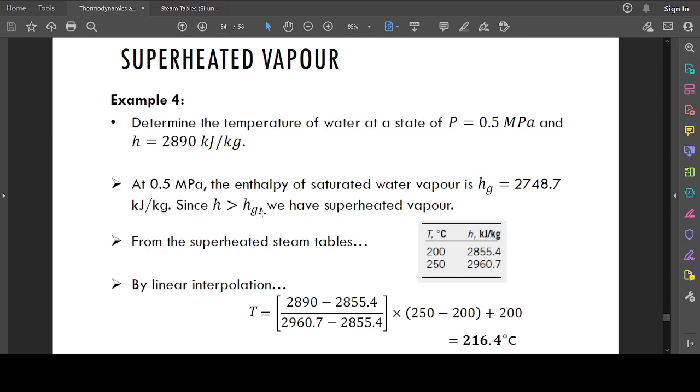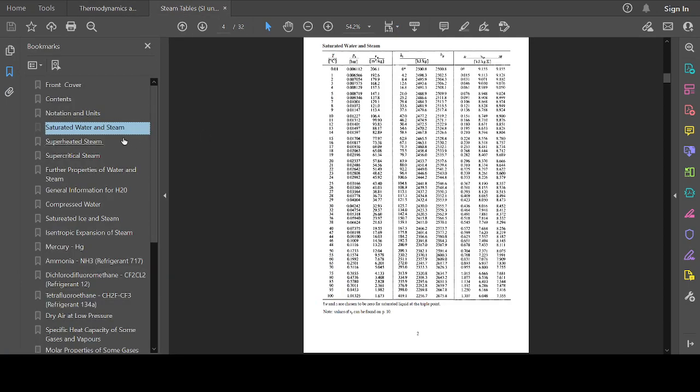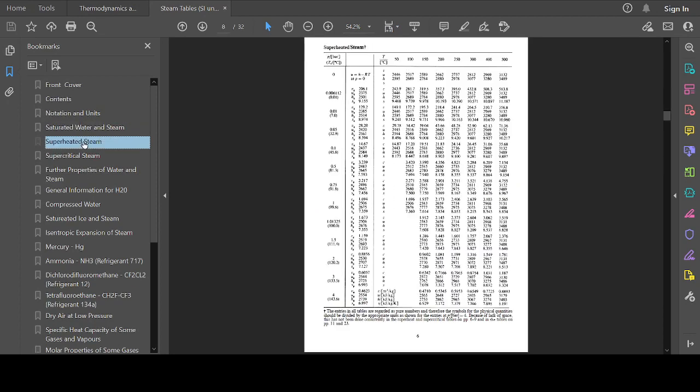And with that knowledge, we can go back to the table. So find where this 2890 kilojoules falls in the superheated steam. Here we go, superheated steam table. Okay, so you look for H. H represents the enthalpy of the vapor phase.